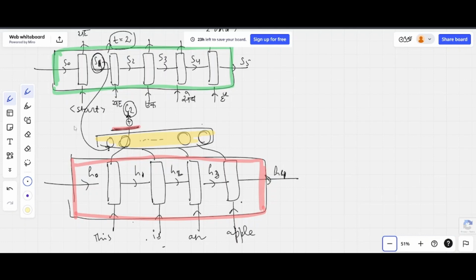So I have created a rough architecture for you. Between our encoder and our decoder, we have placed an artificial neural network layer that takes in these hidden states as input, and if we are at time step t equals 2, it will also take S1 as input.